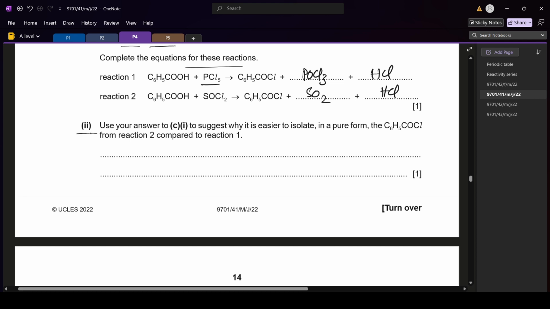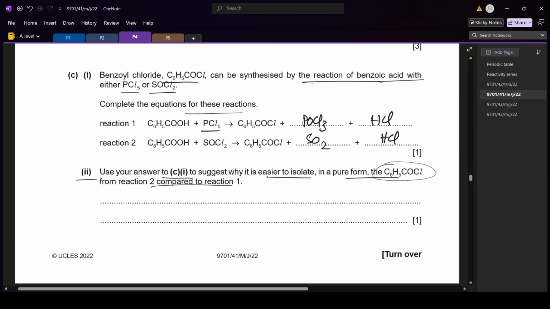So now part 2, use your answer to C1 to suggest why it is easier to isolate a pure form of benzoyl chloride from reaction 2 compared to reaction 1. Why is it more preferable to form pure benzoyl chloride from reaction 2? Because you can see that all the byproducts are gaseous.